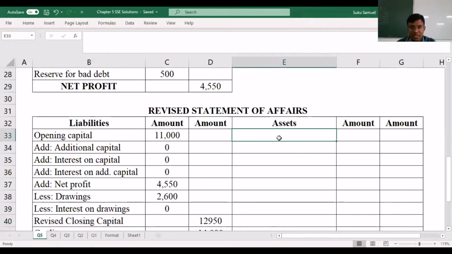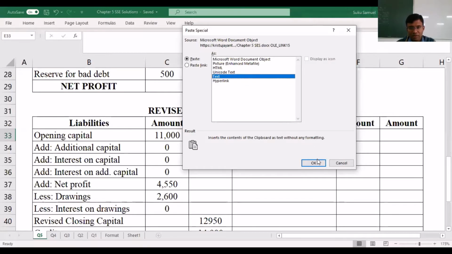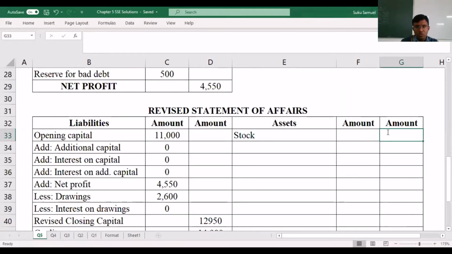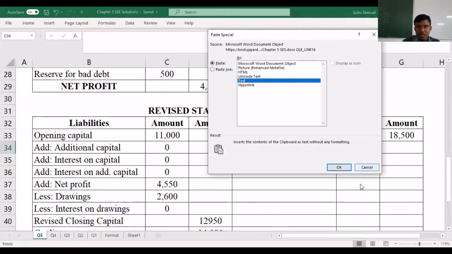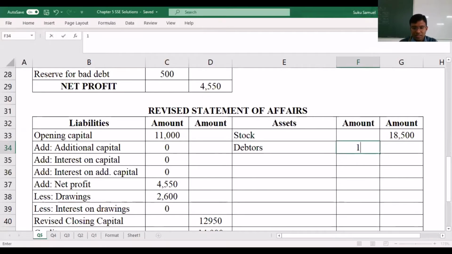Now let's consider the assets. What are the assets that we have? The assets that we have are stock. For stock, we will have to go with the closing value. Closing value is 18,500. Then we have debtor. Debtor's value is 10,500. Now, when we work out for debtors, there are some adjustments that we have to consider.